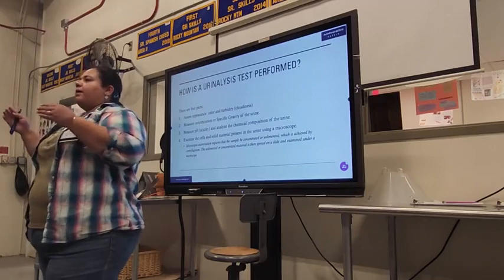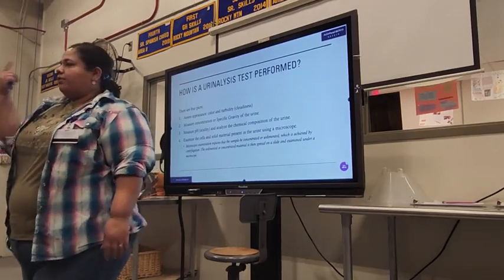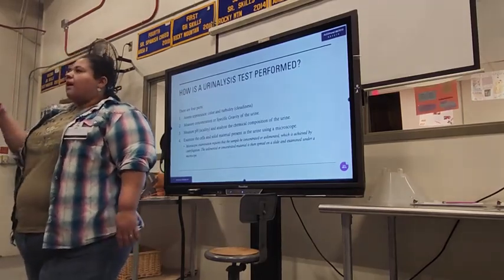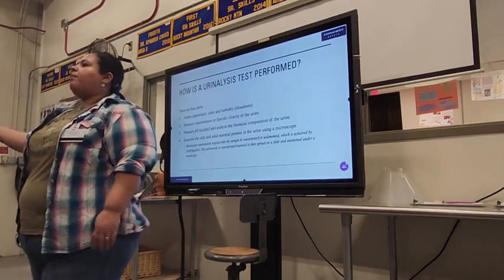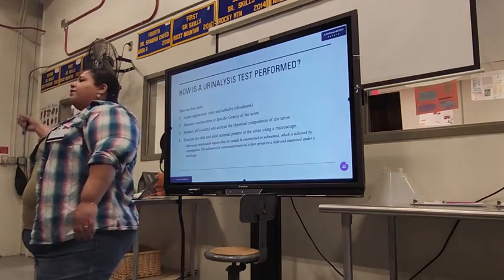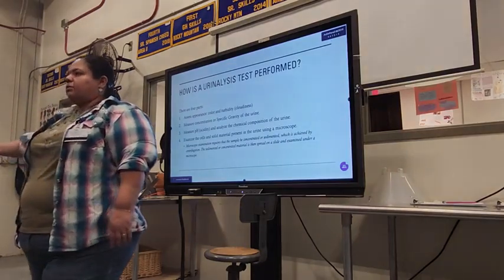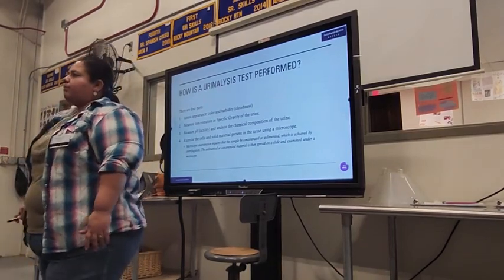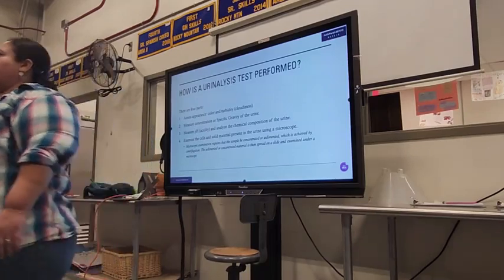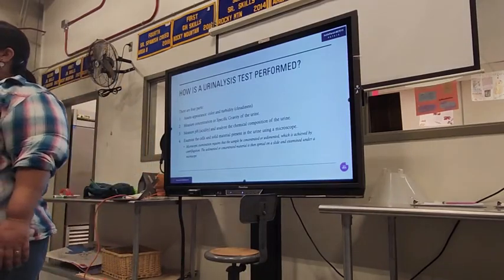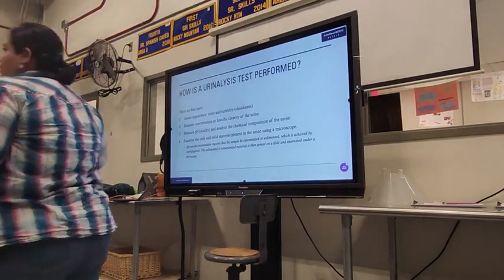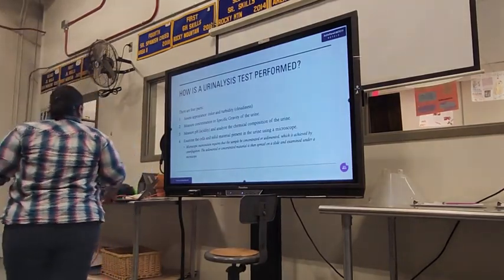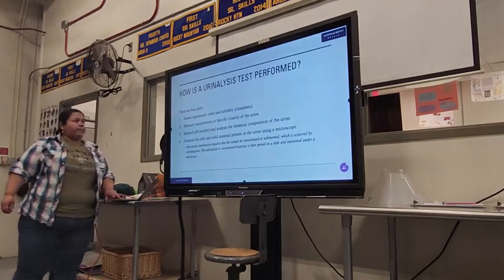The action of centrifugation makes all the heavier particles go down to the bottom of the test tube. It doesn't matter what kind of test tube it is, really. And then you grab it and put it on a slide. Yes and no. You will go over all of that. Promise. We're going to go over it today.